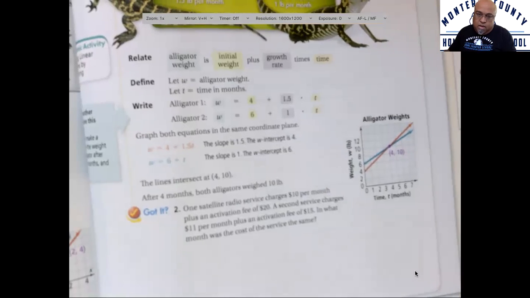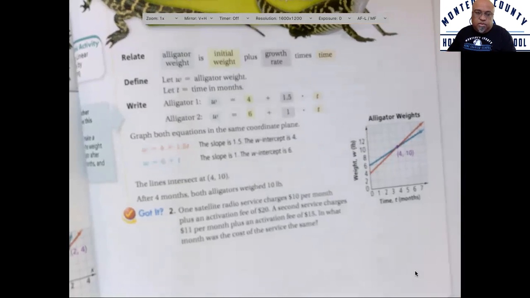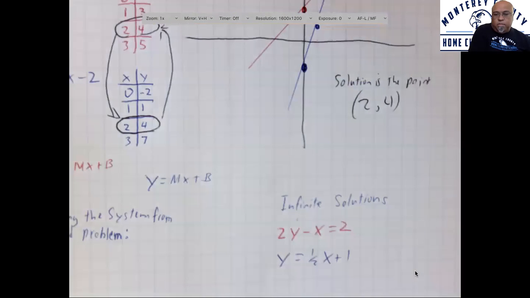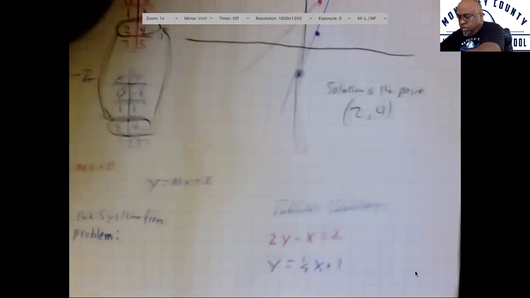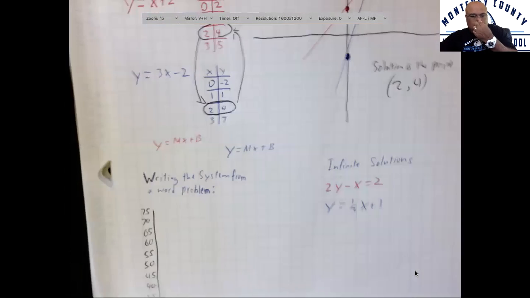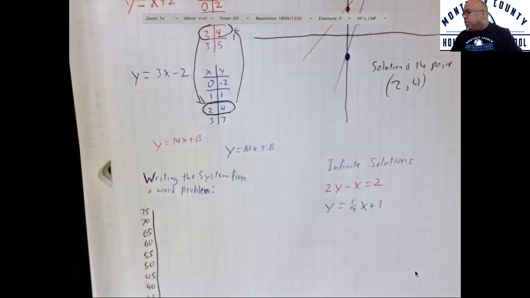Okay, and hopefully you paused, but let's go ahead and I'll continue to help you solve the problem. Okay, so we want to write a system of equations from a word problem. Now, that's not always the easiest to do, but I want to go over that with you because word problems can be a little bit confusing.